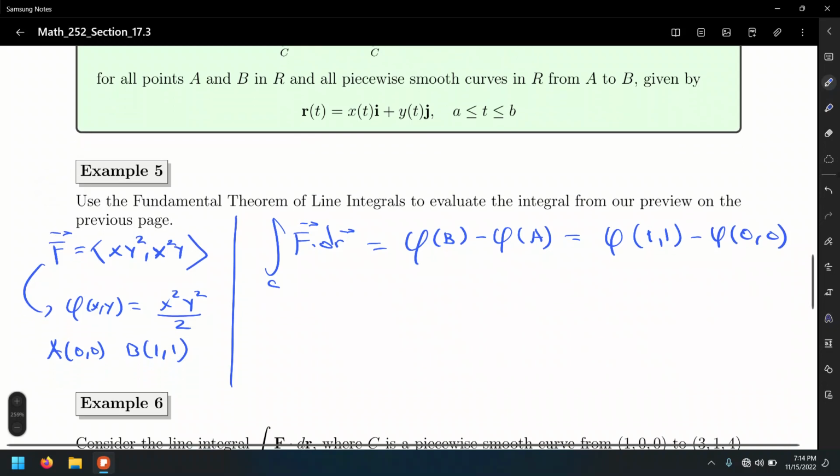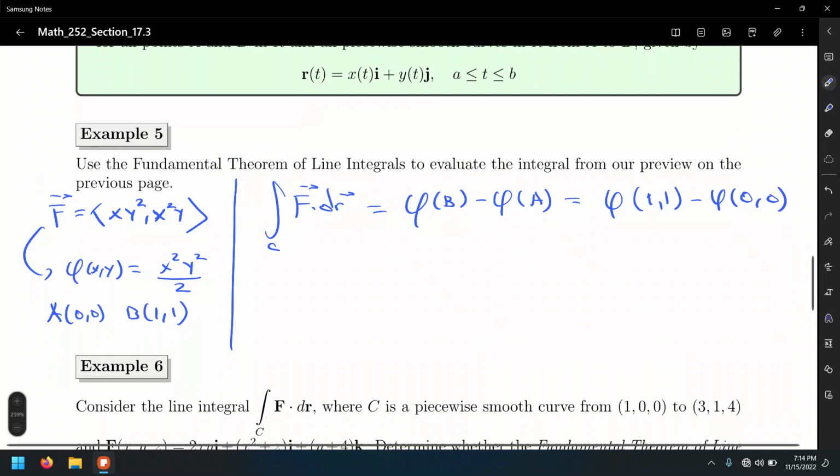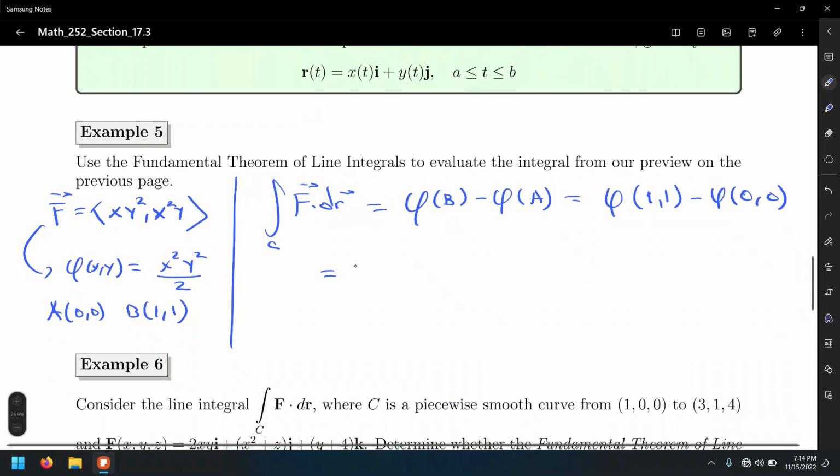We have a potential function that we just found, didn't we? That potential function is 1 squared times 1 squared over 2, because x and y are both 1 on the endpoint, minus 0 squared times 0 squared over 2. And 1 squared is 1, times itself is 1, divided by 2. That's 1/2 minus 0. Isn't it the same result?